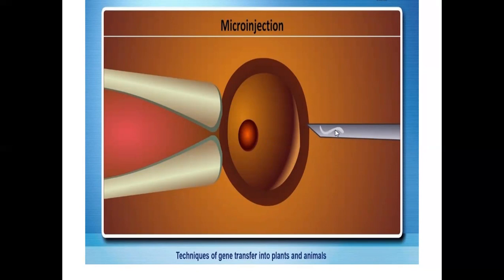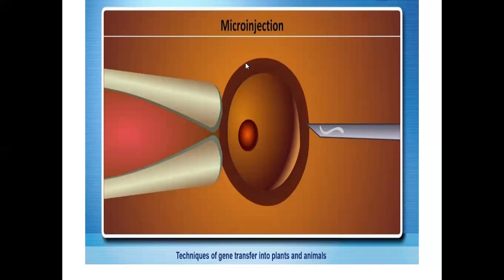The needle directly reaches the nucleus of the cell, and the target DNAs are easily injected into the nucleus. It is one type of gene transfer technique by the physical method.